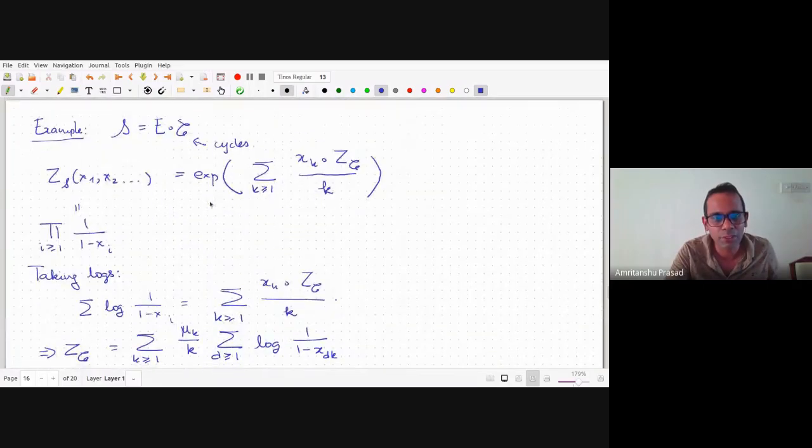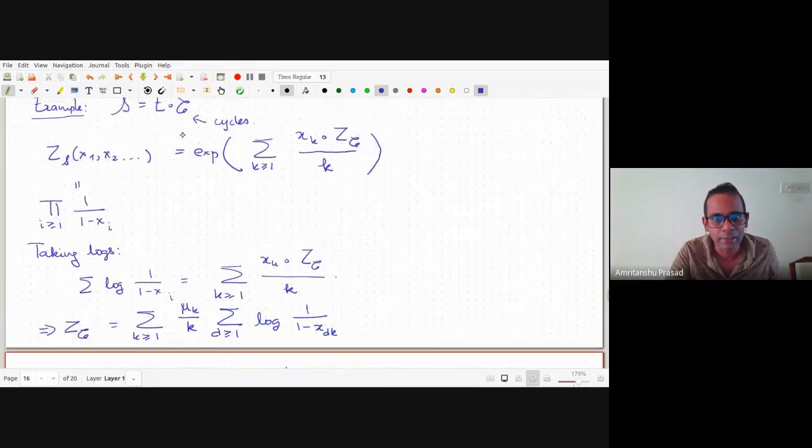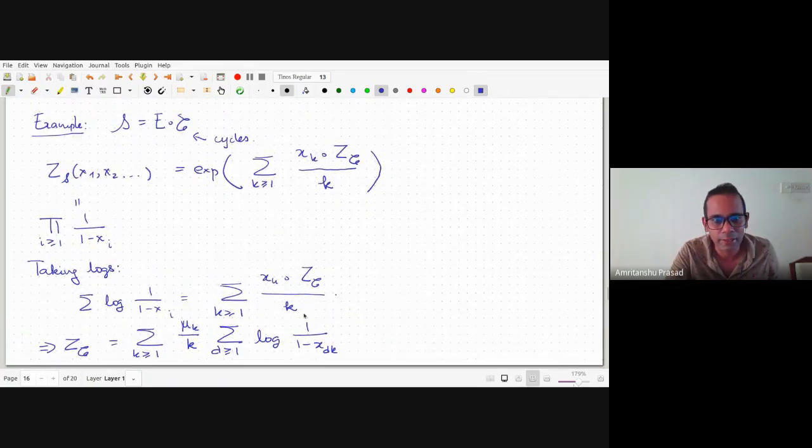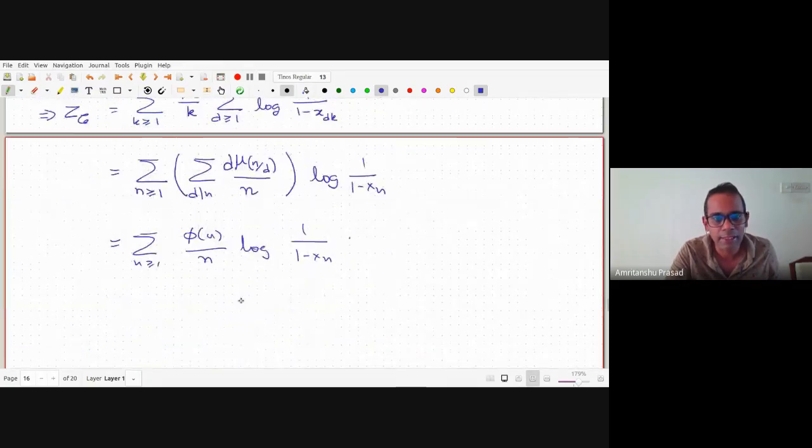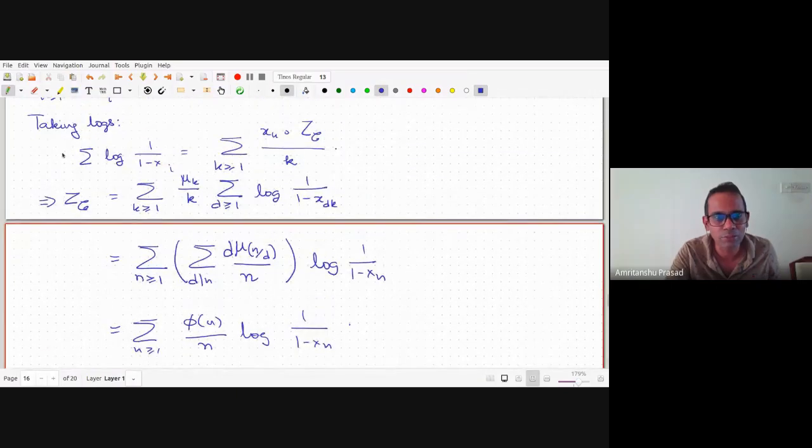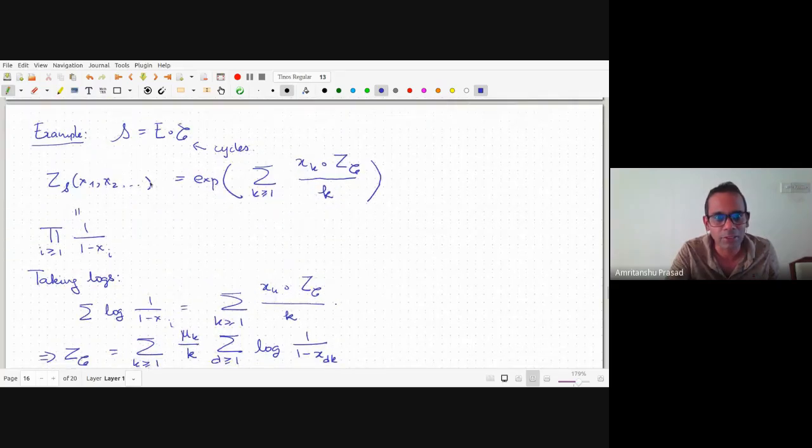We use two features. One is that we are taking E circle something, and that was enough to get this. But the second part of the Euler totient computation also used the fact that the thing whose connected components we are taking has a generating function which is an exponent of a sum, which has a product expansion like this, one factor for each variable.